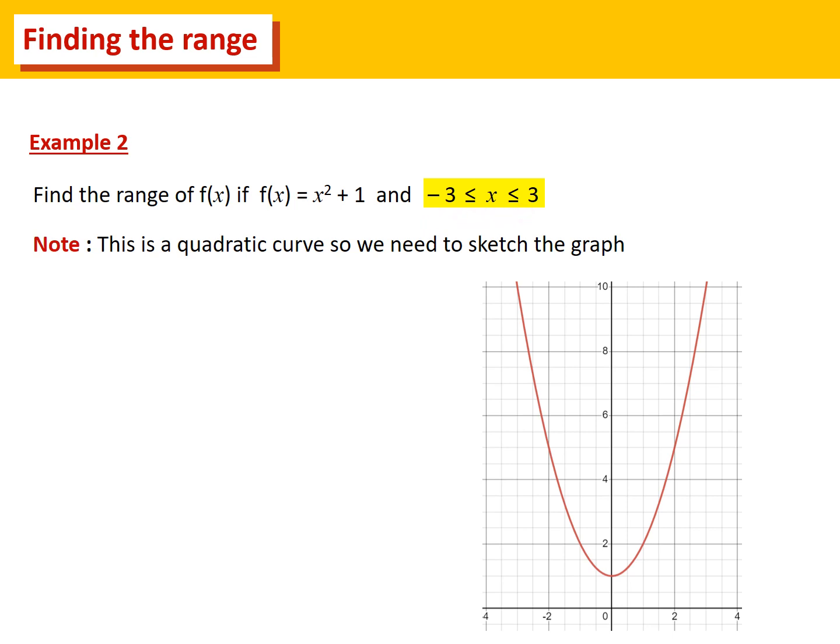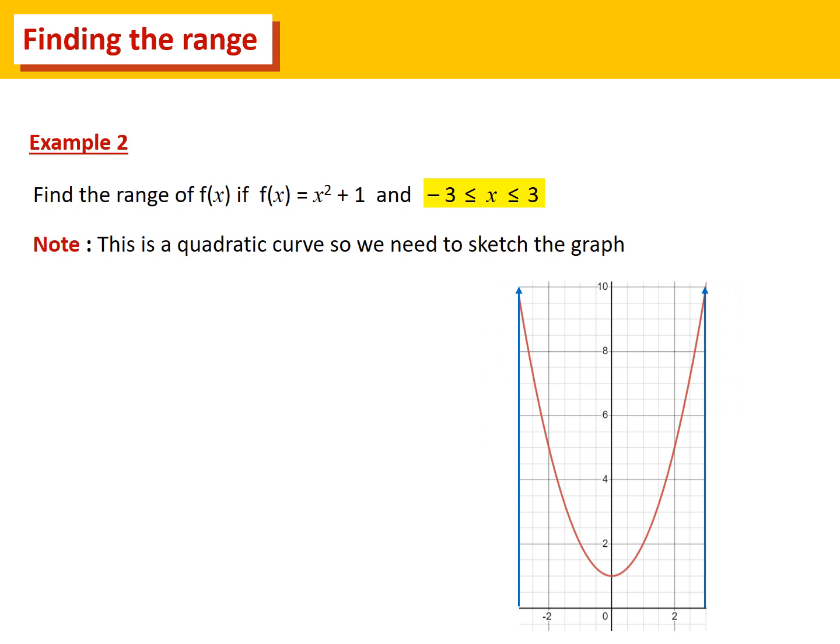So we mark those two values on the x-axis with vertical lines at -3 and 3. We therefore can trim the graph so that there's no part of the graph less than -3 and no part of the graph greater than 3, like that.